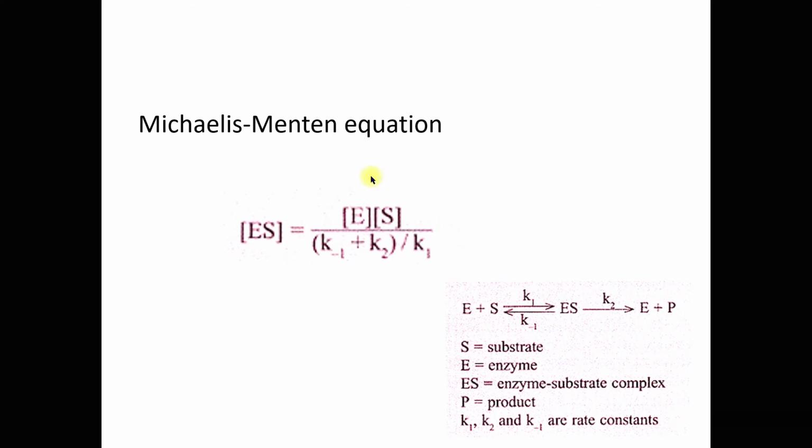And then sekarang lagi Michaelis Menten equation, which is enzyme substrate concentration equals enzyme concentration times substrate concentration over K negative 1 plus K2, divided over K1.